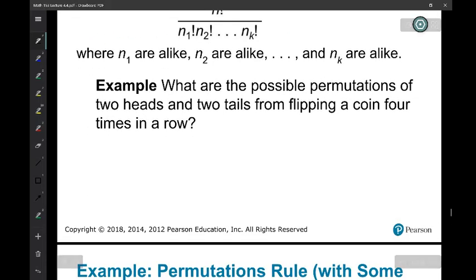So an example, what are the possible permutations of 2 heads and 2 tails from flipping a coin 4 times in a row? So that's coin 1, coin 2, coin 3, coin 4. And 2 heads, 2 tails.